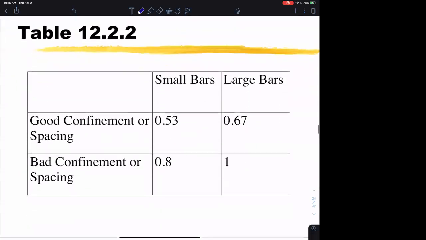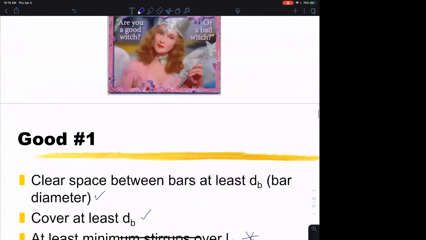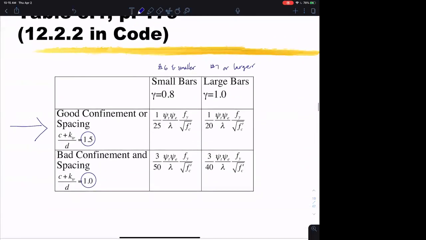Okay, so here's this table again. Okay, this means stirrups or space greater than 2D, 2 bar diameters. Okay, and you're going to be using one of these 2, small or big.